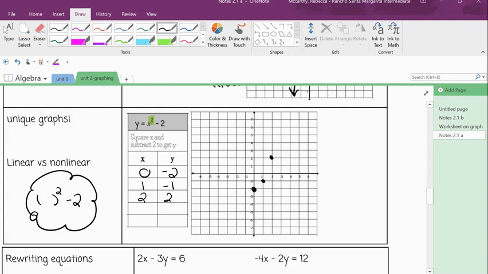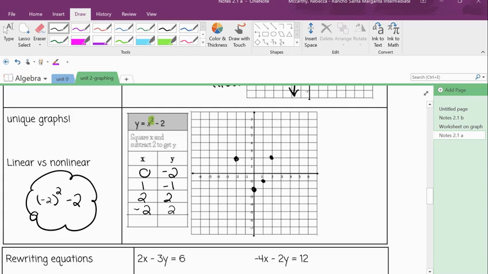Well, actually, I want to know what's going on the other side. Instead of 3, let's do a -2. -2 squared is 4, because it's -2 times -2. 4 minus 2 is 2, so -2, 2, and that's there.